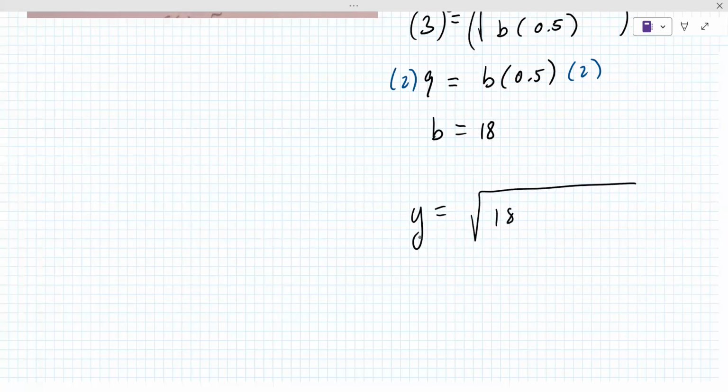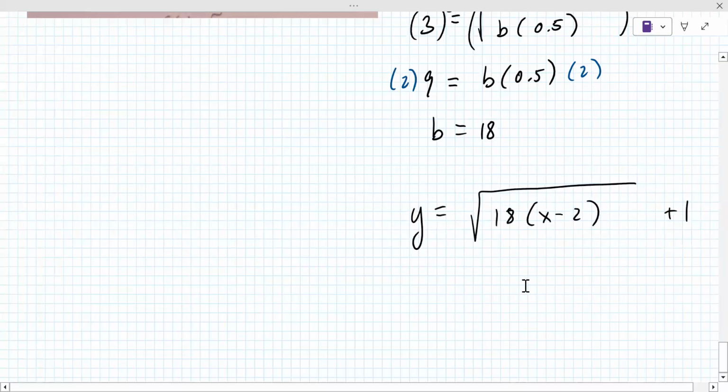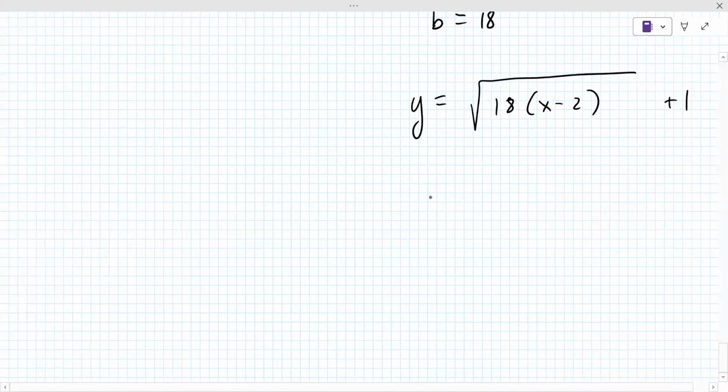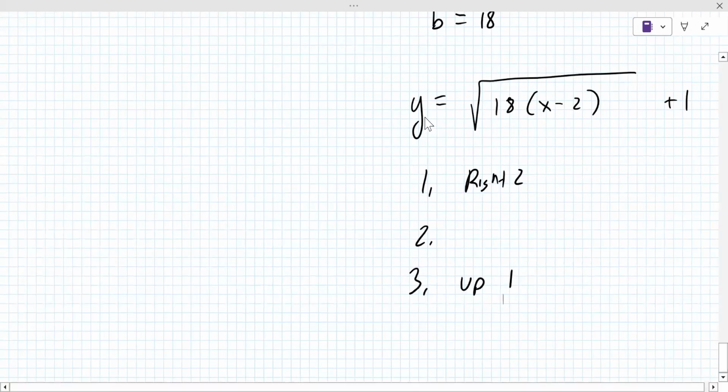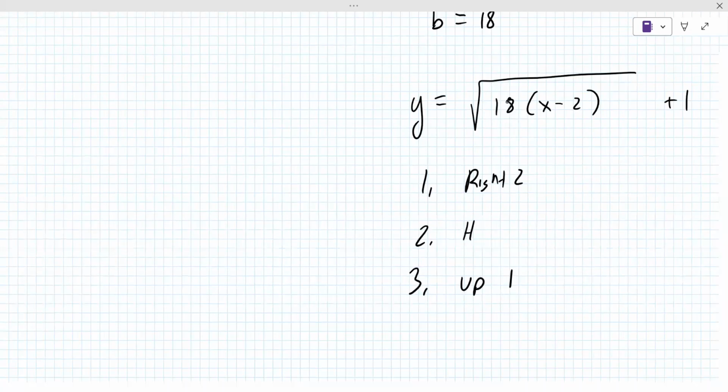This one's done a little bit differently than the other. There are 3 transformations. The first one is right 2, up 1. And then this 18, because it's inside, it's a horizontal, and then because it's flipped.